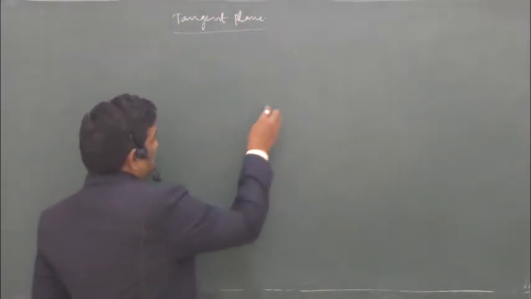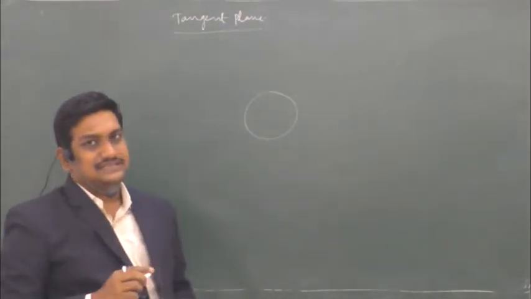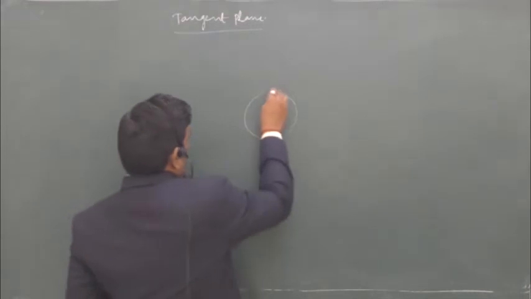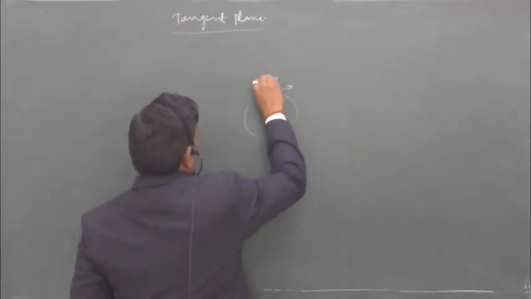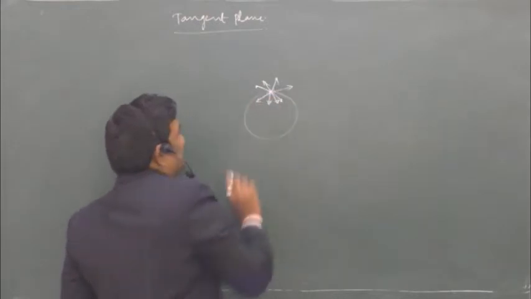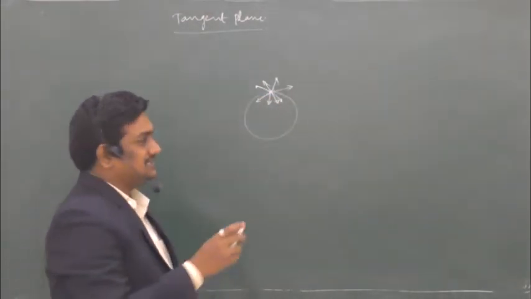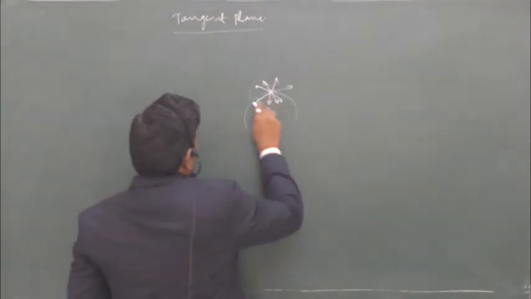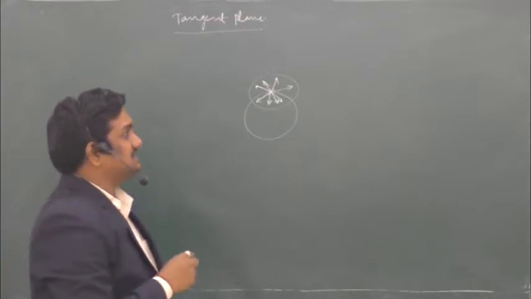Suppose this is some surface, and assume at some point these are all tangent lines. So we assume the figure as a 3D figure. Assume that at this point these are all tangent lines. The collection of all these tangent lines is called tangent plane.